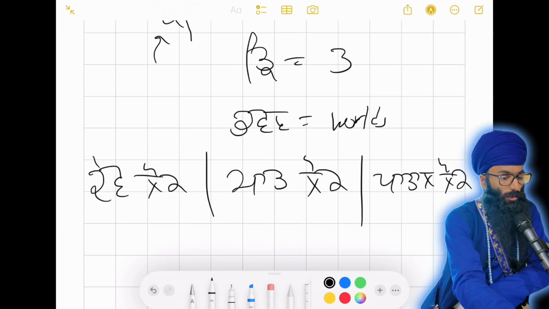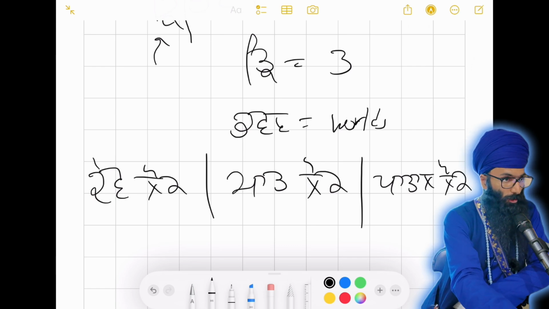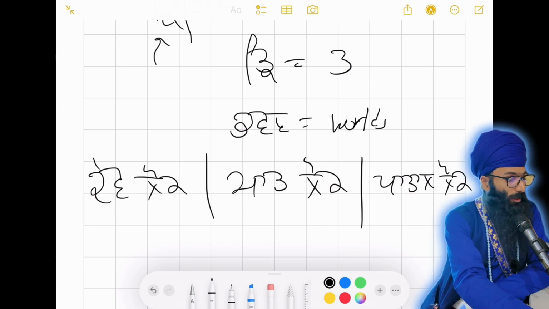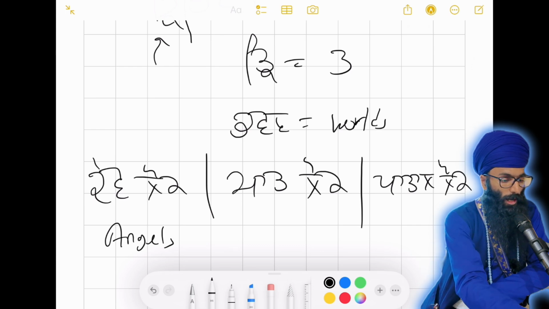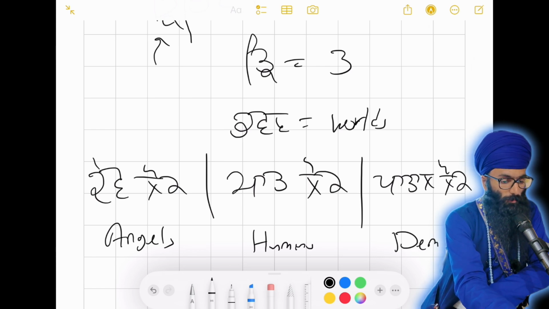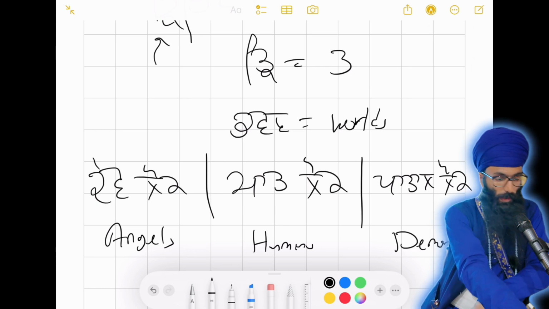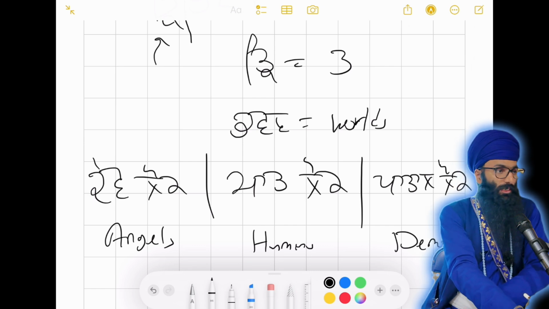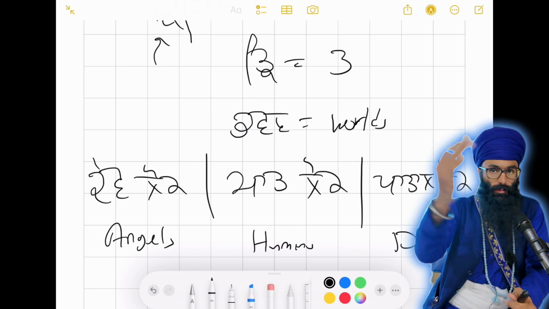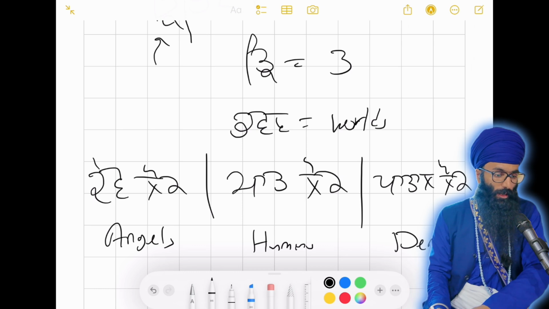Lok means worlds. Okay, these are the three worlds in the Puranic universe. Devlok means the world of angels. Matalok means the world of humans. Patalok means the world of demons. Okay? It's just a way of saying everything. Everything that exists.